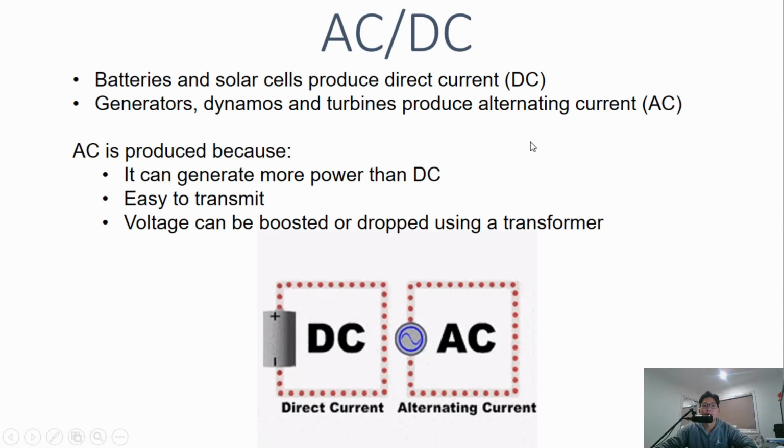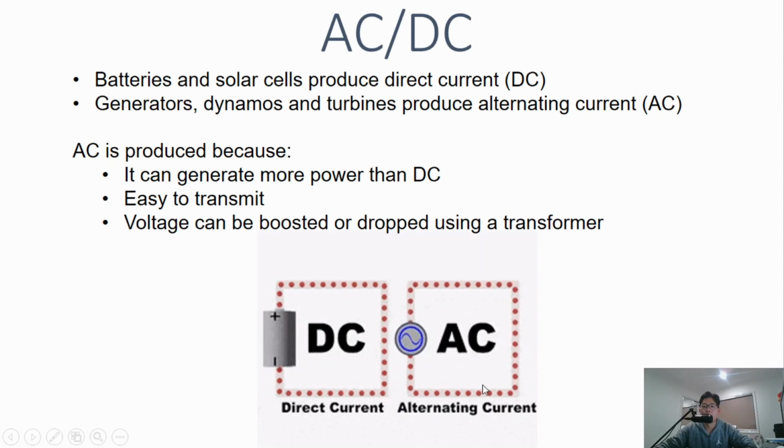So another difference between batteries and generators is the current that they produce. Batteries produce DC, whilst generators produce AC. We've gone through what these are in a lesson before, but I'll just recap on what they are. DC stands for direct current. This means the current flows in one direction and one direction only. Notice in this image it's only moving towards the right or clockwise.